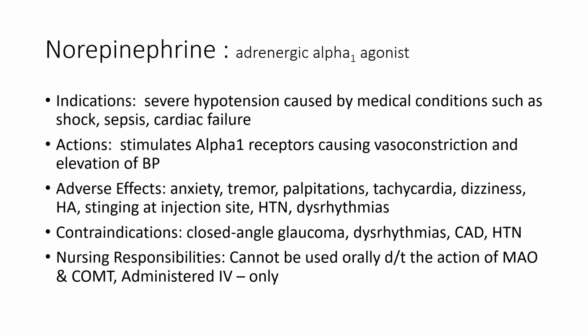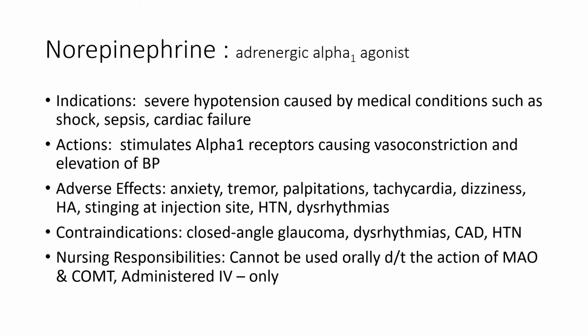I'm just saying that's why you could have some dysrhythmias with it, okay? Nursing responsibilities: it cannot be used orally, because it'll be broken down, and it's really an IV only drug. So it's really an emergency room / ICU type drug.